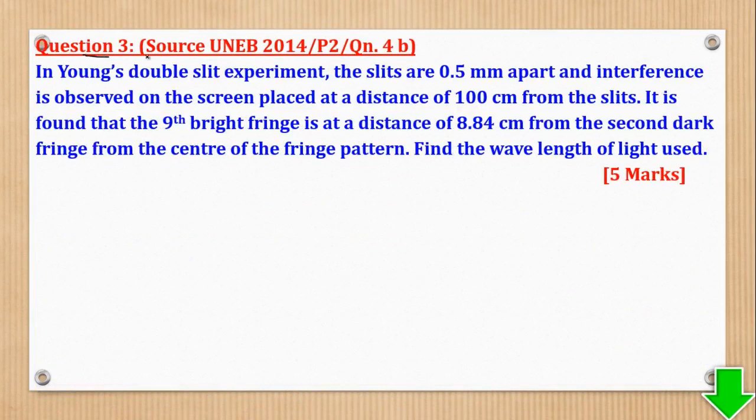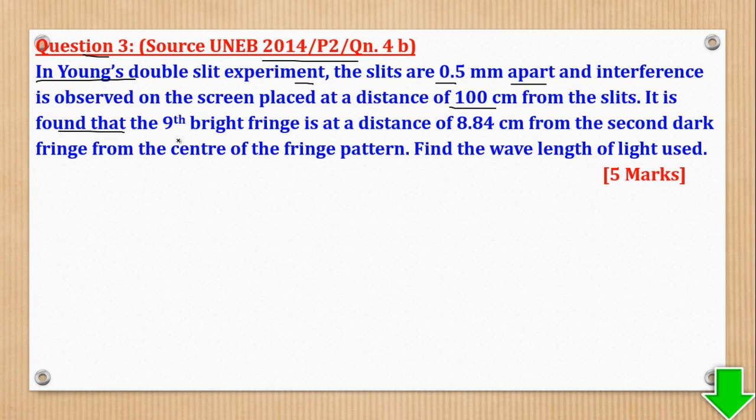Then question 3 came from UACE of 2014 paper 2 question 4b, and it says in Young's double slit experiment, two slits are 0.5 millimeters apart, and the interference is observed on the screen at a distance of 100 centimeters from the slits.